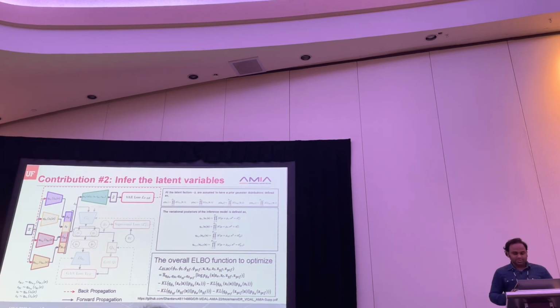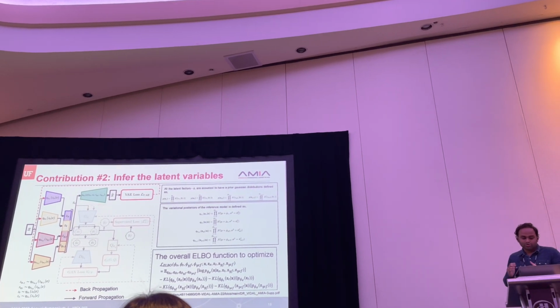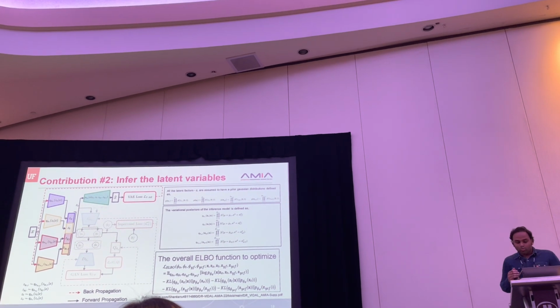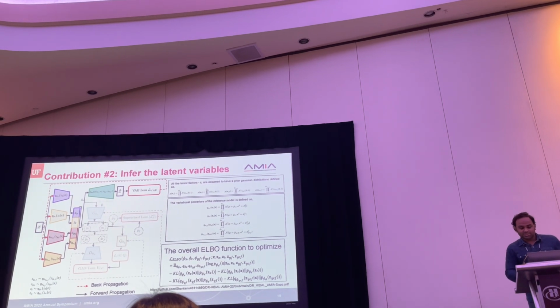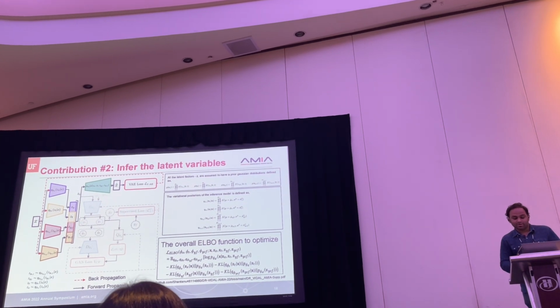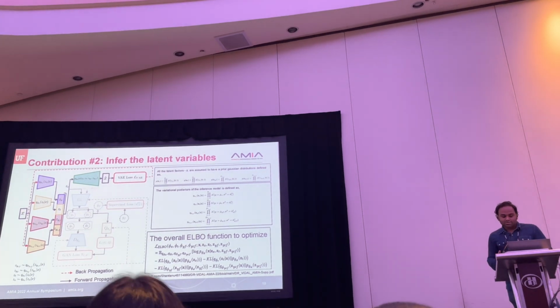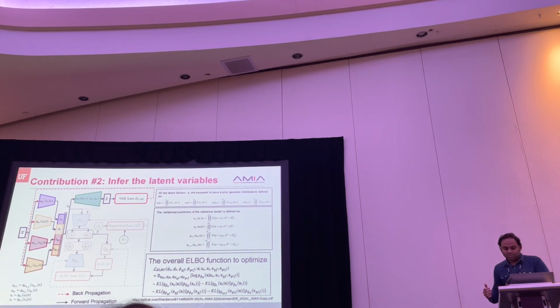So this is the variational autoencoder block, which we are using to infer the latent variables. In the encoder block, we want to infer the 4 latent variables zx, zt, zyf, and zycf from the observed covariate vector x. We assume that all the latent variables have a prior Gaussian distribution.